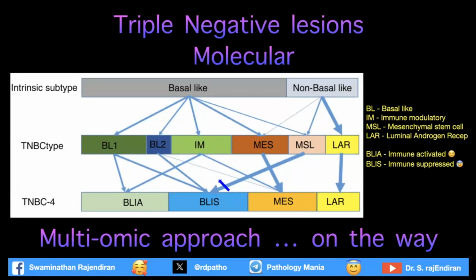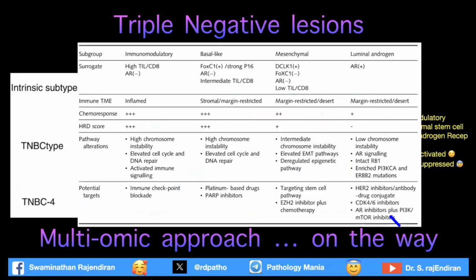Again, this is grouped into 4: basal-like immune activated, basal-like immune suppressed, mesenchymal, and luminal androgen receptor positive. So this is the new molecular typing, but multiple omics, proteomics and metabolomics, are also there. So a multi-omic approach is on the way, but this is the current one.